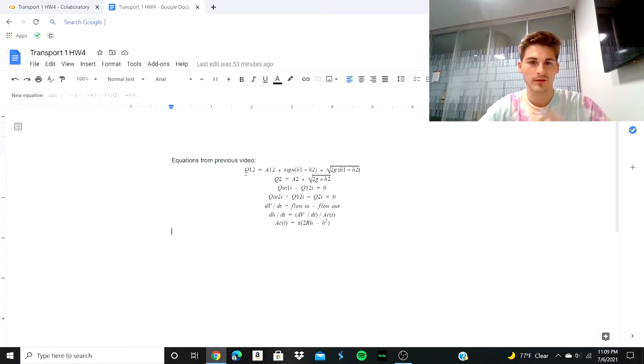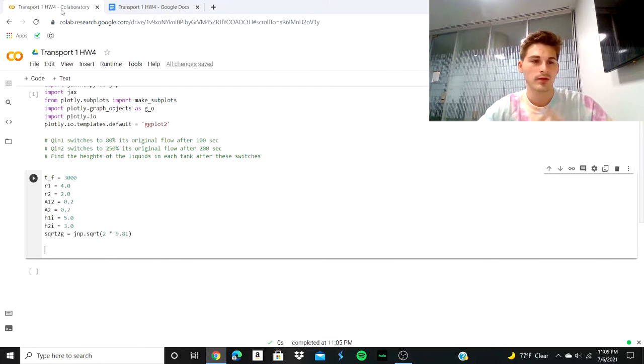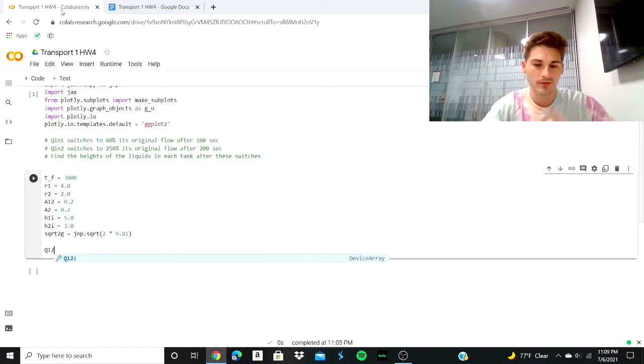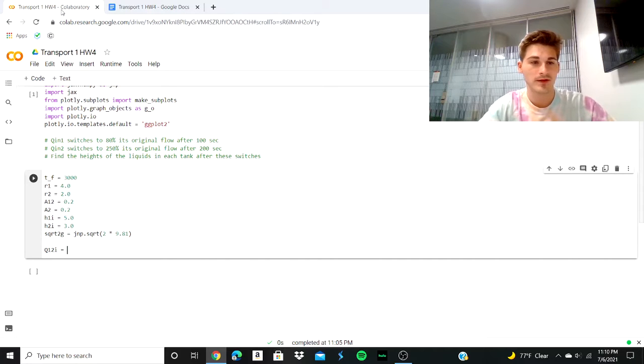And of course we can see that the flow rate between tanks 1 and 2 and the flow rate leaving tank 2 are both only dependent on the cross-sectional areas of our pipes and the heights of the liquid in each tank. We're given all that information, and so we can easily find all of the flow rates in our initial steady state system.